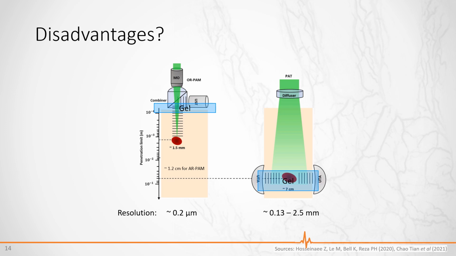And the absolute quantification of the received signal poses a problem, apart from the physical contact. The intensity of the measured wave is not only dependent on absorption, but also attenuated by the tissue in between.